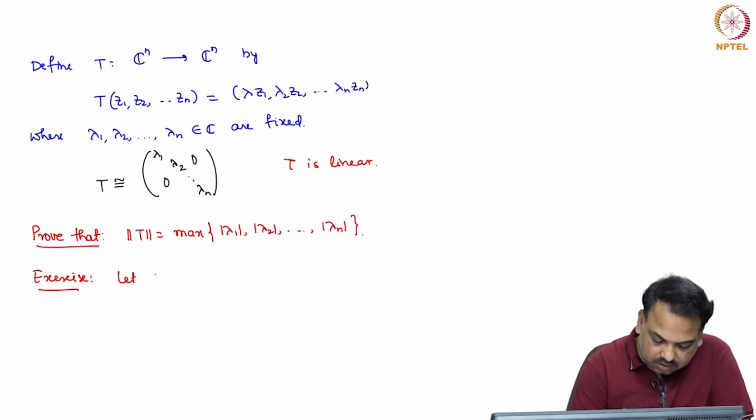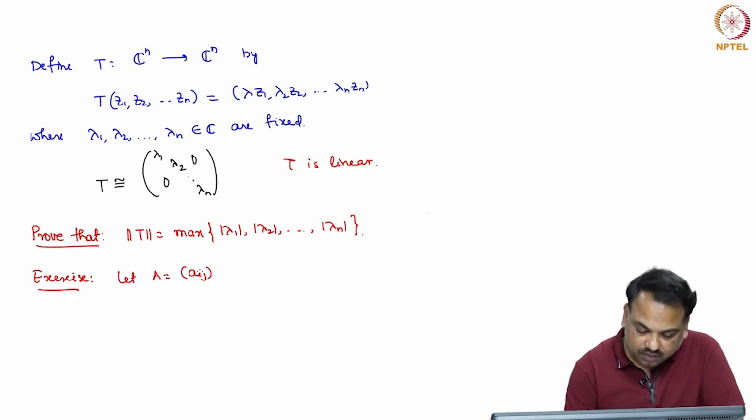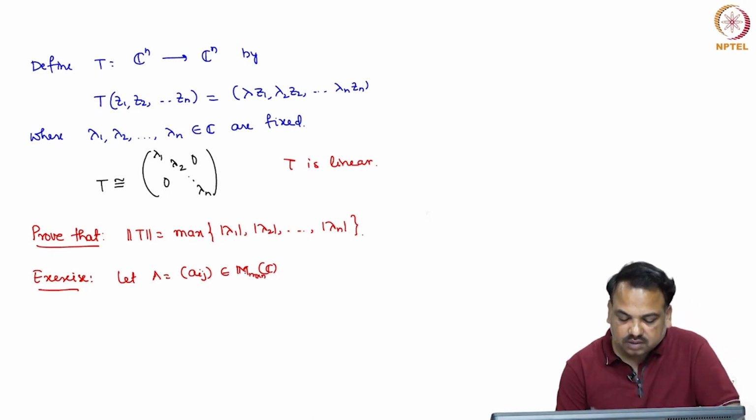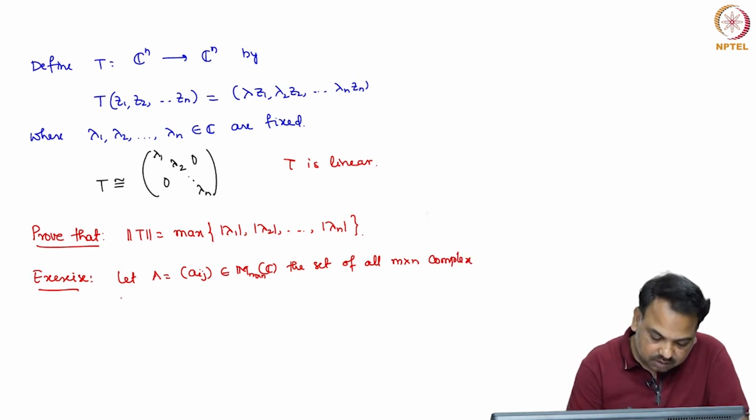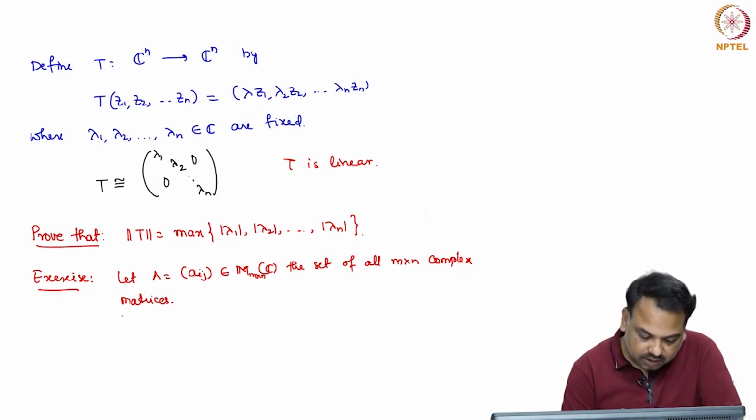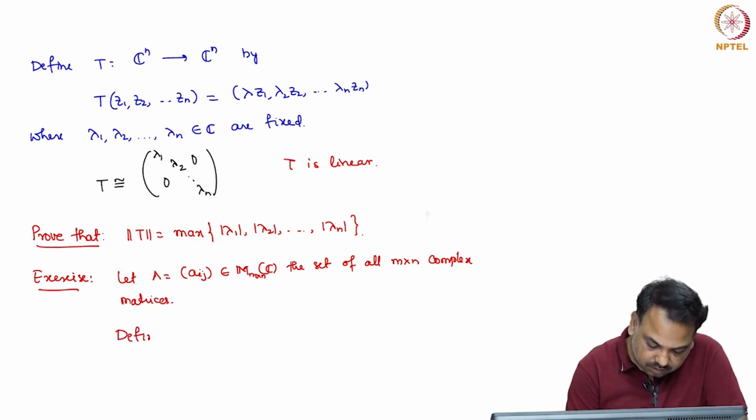So let us look at A to be an m by n matrix (a_ij), that is, A is in the set of all m by n complex matrices. Define T of x is Ax.